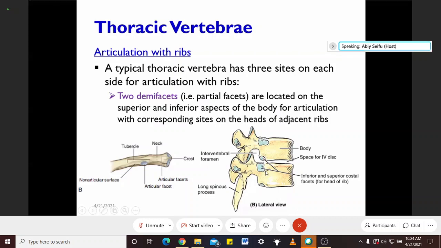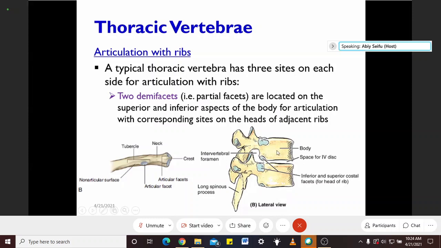You see, this one articulates with its corresponding vertebra, whereas the inferior one articulates with the inferior rib.